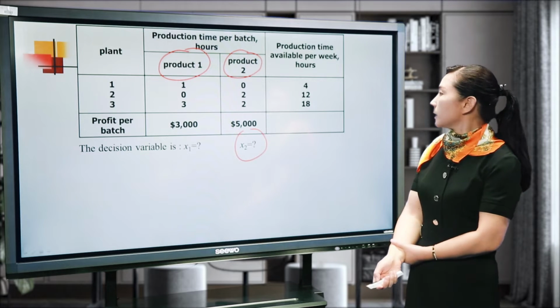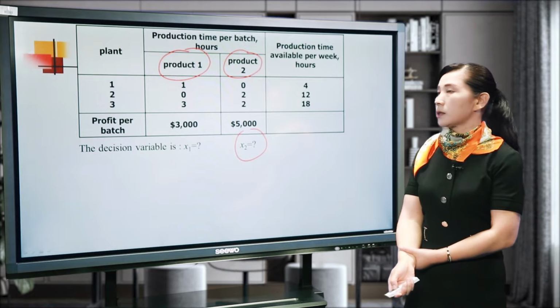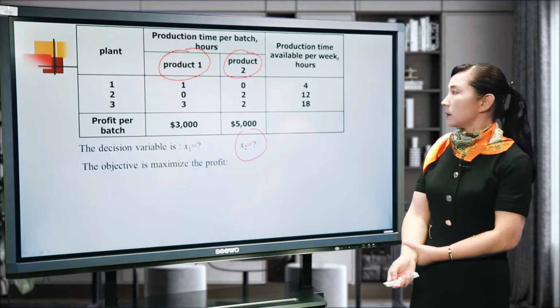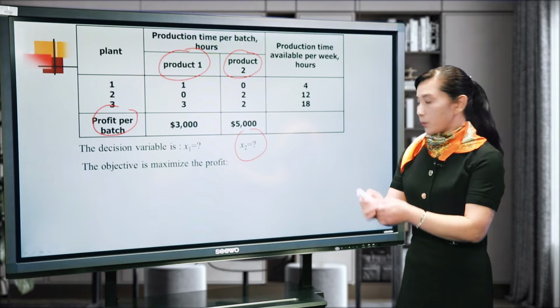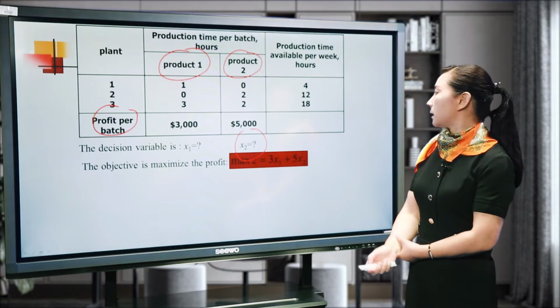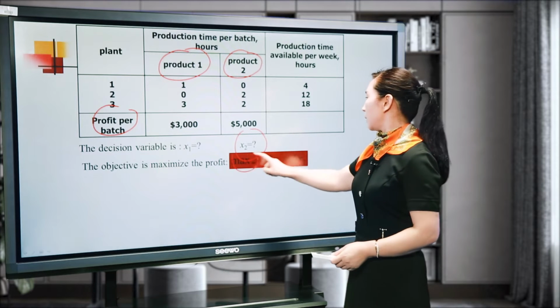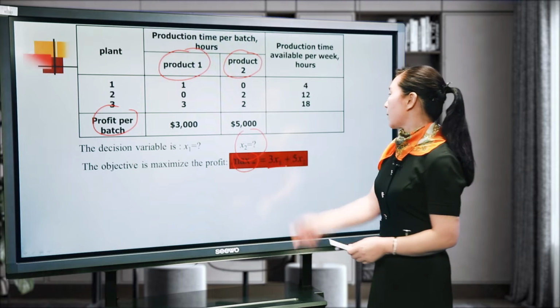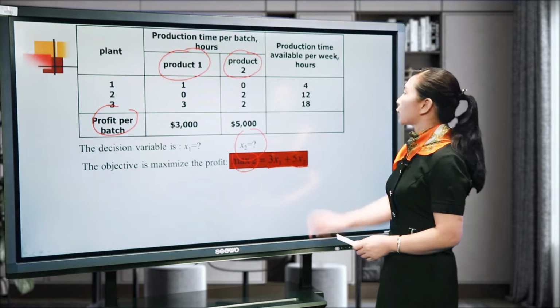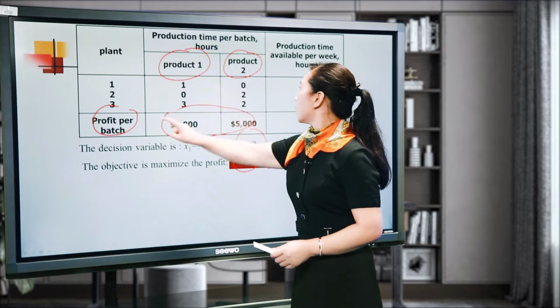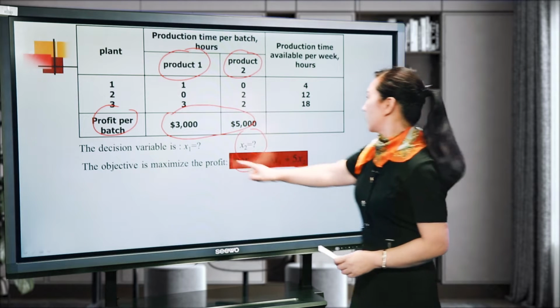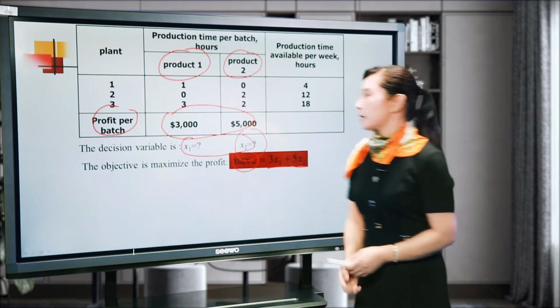In this problem, the objective function is to maximize profit. Then we describe the profit as maximize Z equals 3x1 plus 5x2. That is, use these rows to multiply the decision variables.